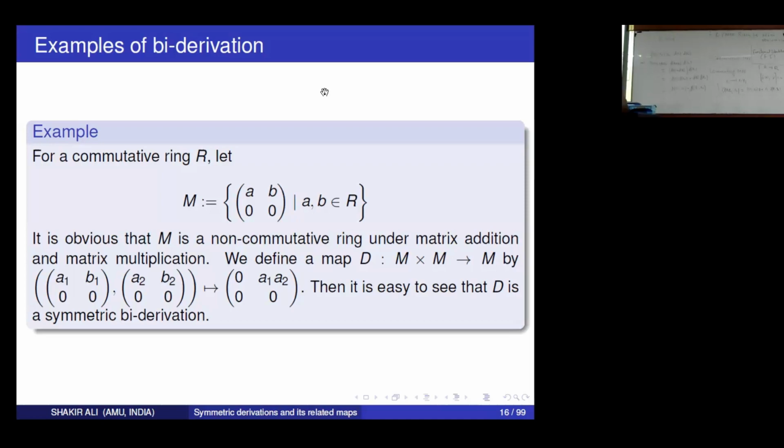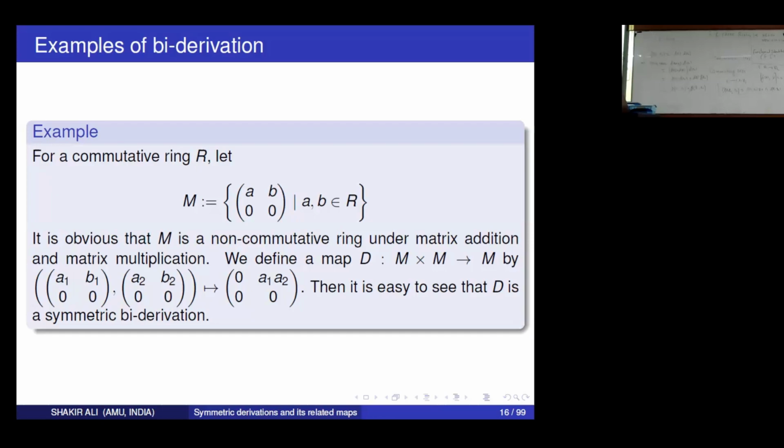Later on we will take these portions. With the help of this matrix, we find examples in non-commutative rings. Previously it was arbitrary, in the case of commutative or non-commutative rings, and this is specifically in the setting of non-commutative rings. So this is the derivation on non-commutative rings.